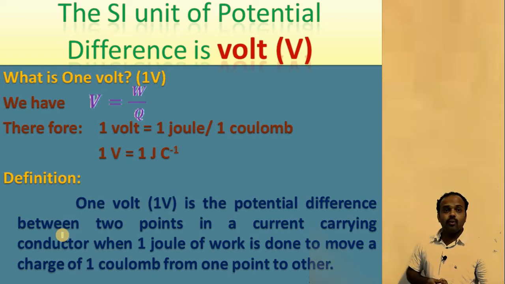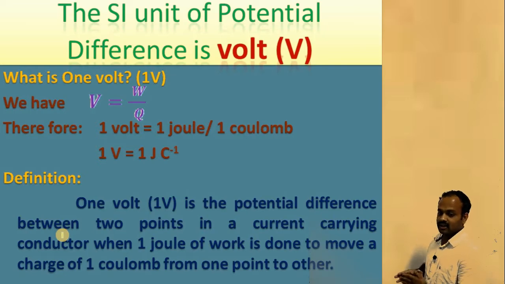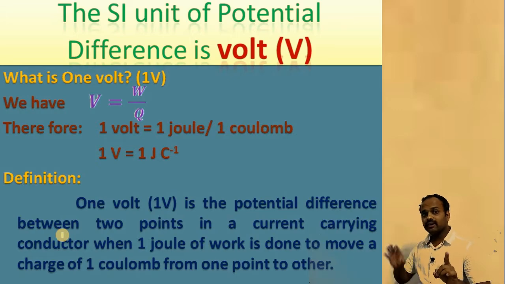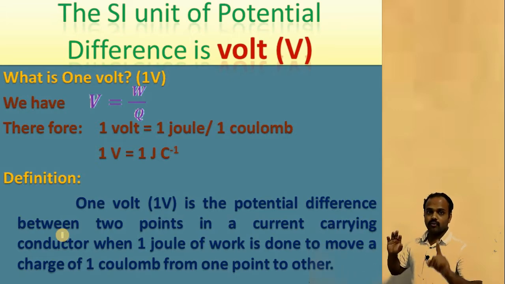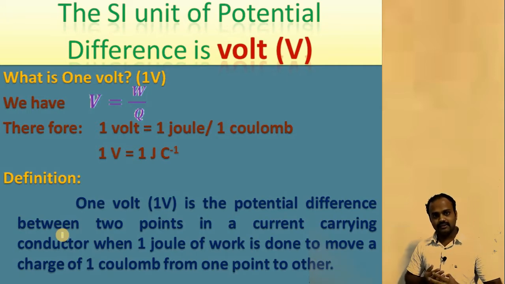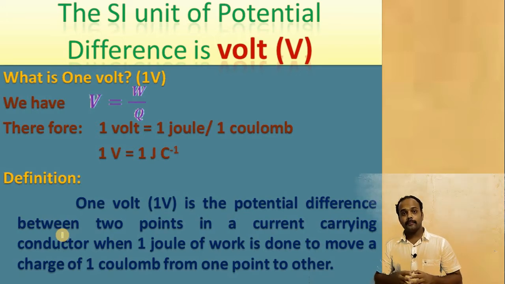Definition: 1 volt is the potential difference across the ends of a conductor carrying some current when 1 joule of work is done to move 1 coulomb of charge from one point to another.